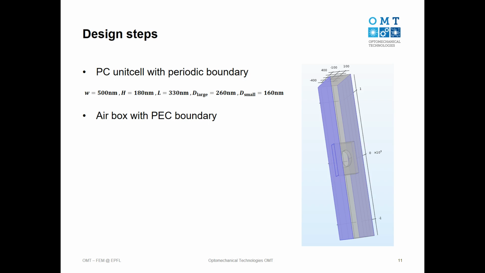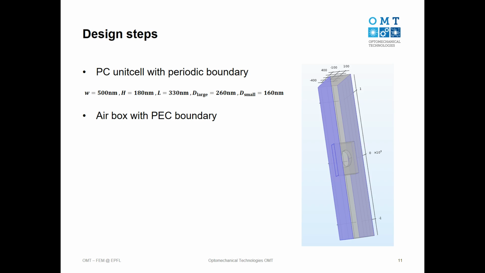I assume it to be significantly larger than my structure because I don't want COMSOL to simulate the whole volume. I want it to stop at some point with the PEC boundary condition. So two modifications with respect to phononic crystals: one of them is having the air box around it and putting the PEC boundary conditions on the edges.